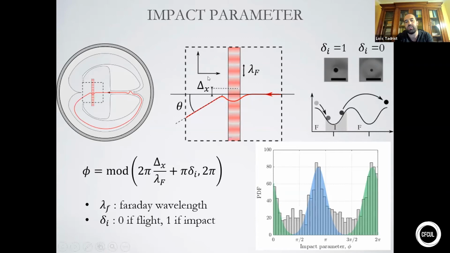This position is delta x, and then we divide this position by the Faraday wavelength, lambda f, and this gives the impact parameter, which we modulate by a factor pi when the droplet is either flying, like here, or impacting, like here. So that's the impact parameter.